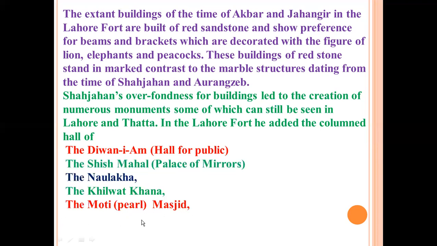The Moti Masjid, or the Pearl Mosque, which is decorated with pearls. Next, the Hammam Shahi, also constructed inside the Lahore Fort. And the Diwan-e-Khas, a big hall for special meetings with their own members.